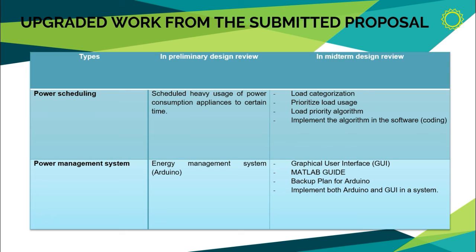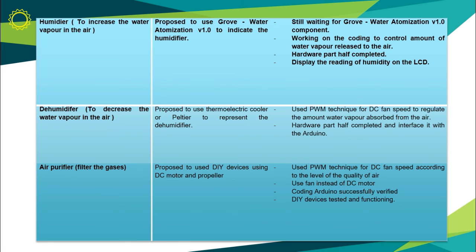For power management, in the preliminary design we suggested using EMS, but in the midterm we propose to use GUI and the MATLAB GUIDE, and also a backup plan with the Arduino. For the comfort control part, humidifier, dehumidifier, and air purifier, we upgraded to use the PWM technique for the fan speed, and for the humidifier, we are still waiting for the Grove water atomization to complete the device.